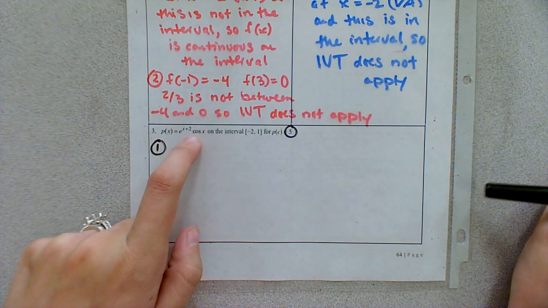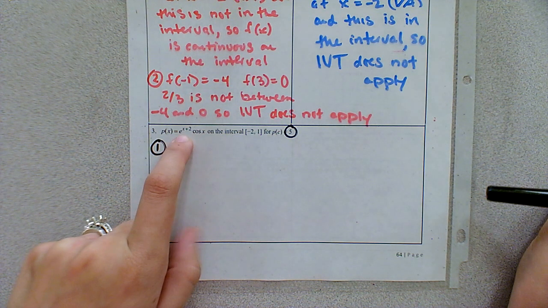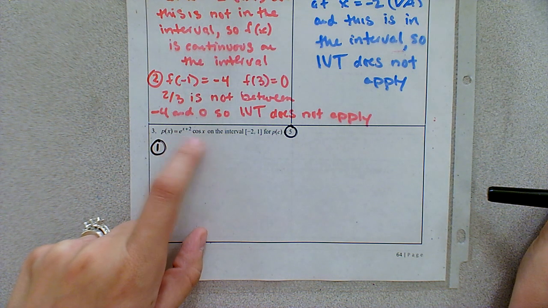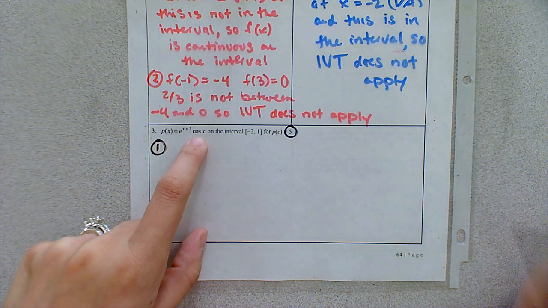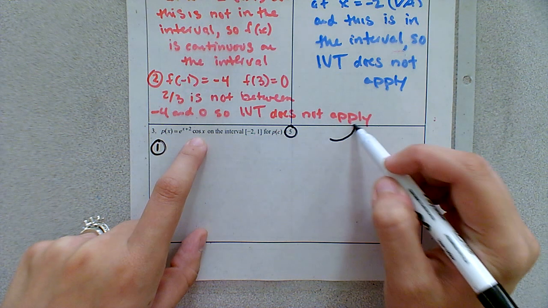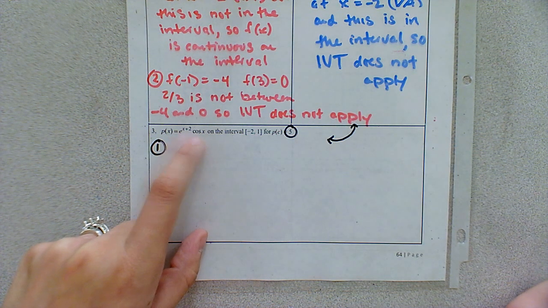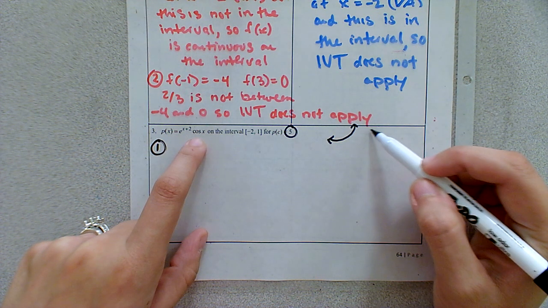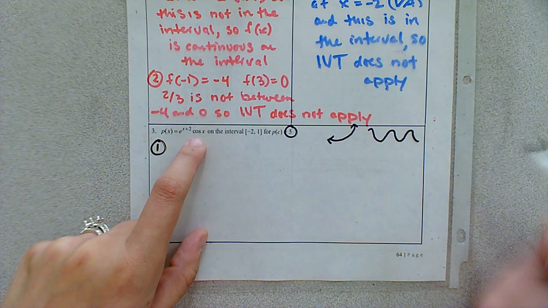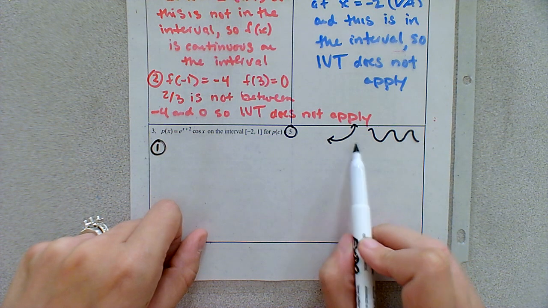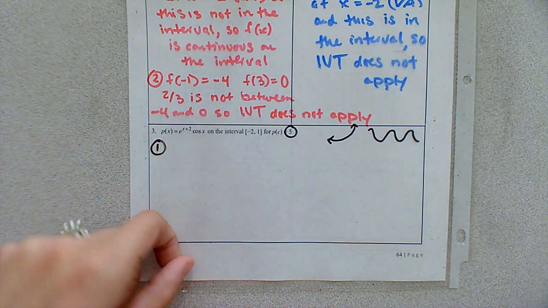Now, if you think about the way the equation is written, notice how we have an exponential function times a trig function. So exponential function looks like this because we have that base bigger than 1, and cosine is our wave. Notice how both of those graphs are continuous, no holes, no jumps, no asymptotes.